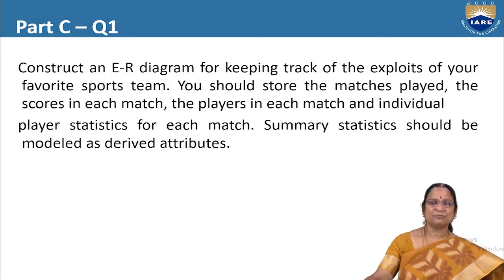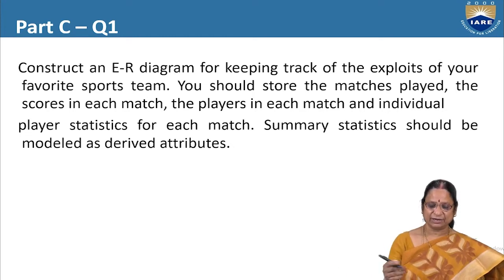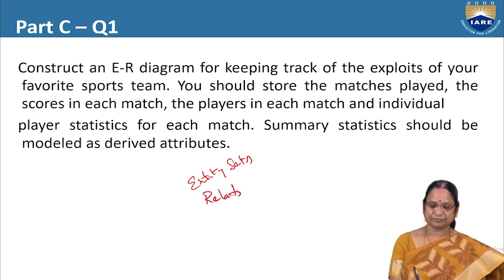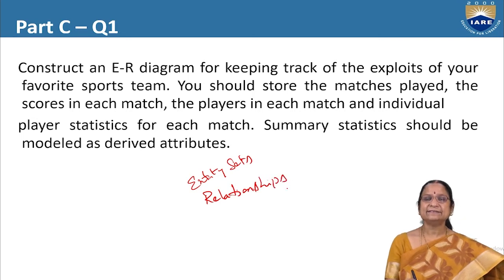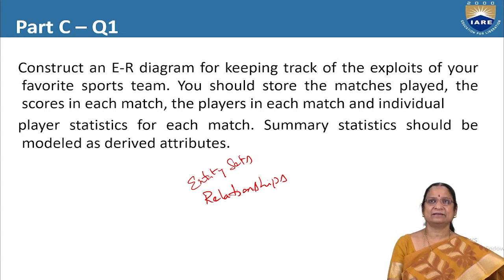For this problem, first we need to identify the major things. ER diagram means first we need to identify entity sets and also relationships. Anyway, related to any sport, it's a more generalized entity relationship diagram to be modeled.